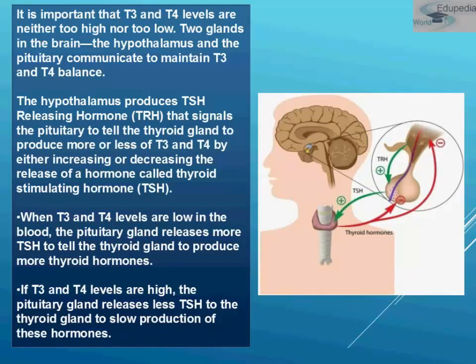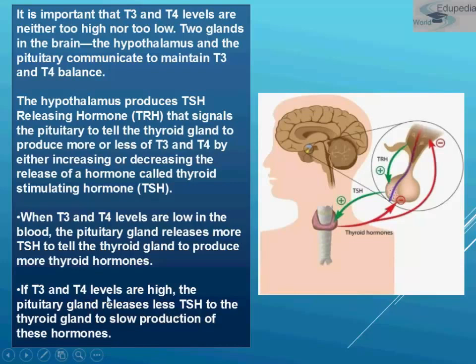of TSH. Okay, when T3 and T4 levels are low in blood, the pituitary gland releases more TSH to tell the thyroid gland to produce more thyroid hormones. And when T3 and T4 levels are high, then the pituitary gland releases less TSH.